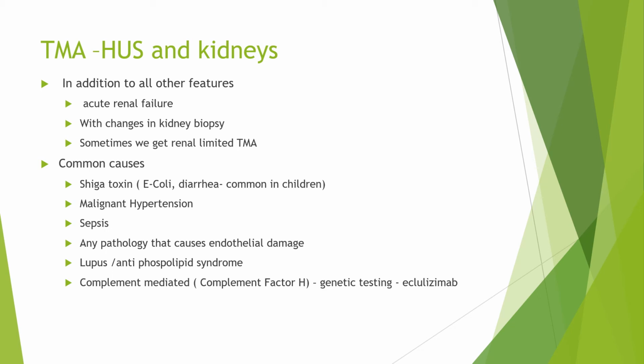We're also very interested of late in the complement-mediated pathway. Most common is complement factor H and I deficiency, which causes complement activation and triggers TMA in the kidneys. So in this case, we order genetic testing, and if that is proven, then eculizumab in the last few years has been available for treatment.